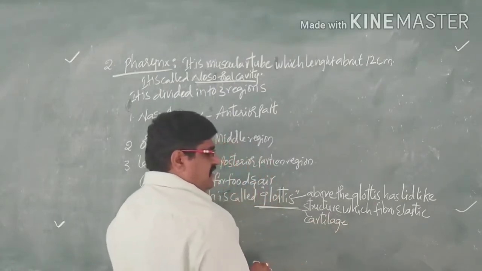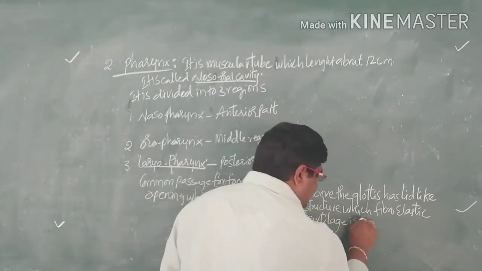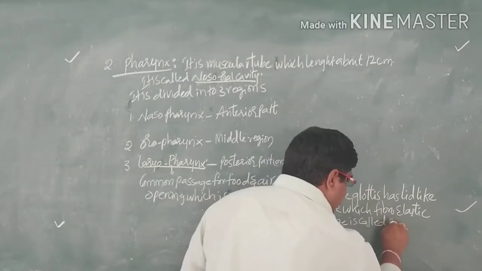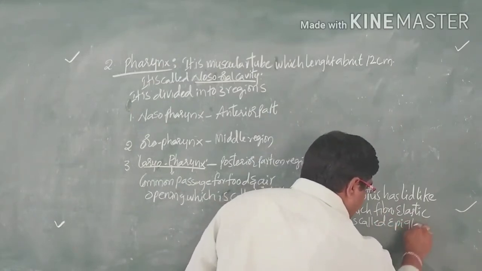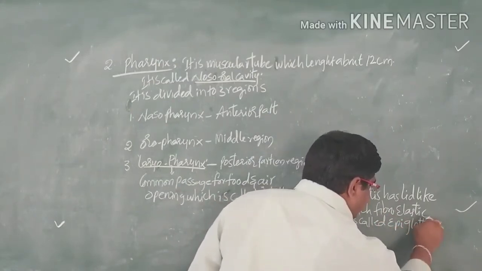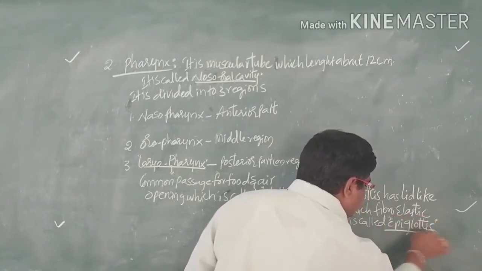That fibroelastic cartilage is called the epiglottis. What does epiglottis mean?